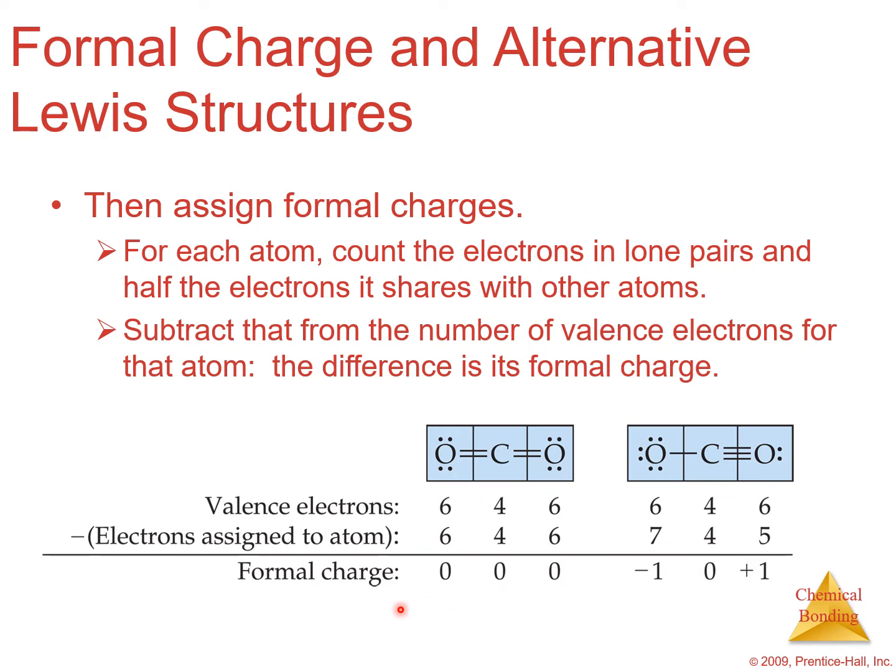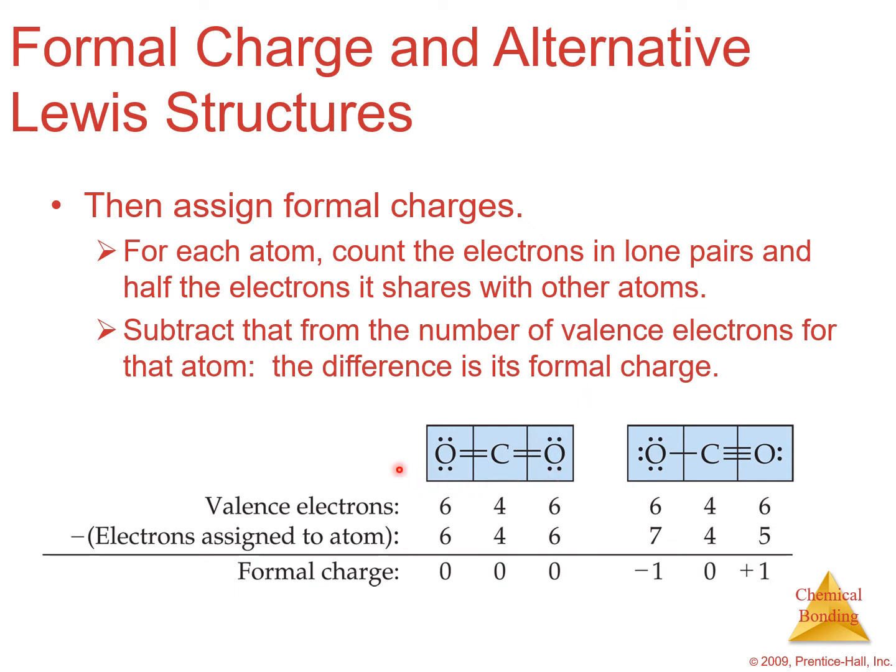The formal charge of any atom in a molecule is the charge the atom would have if all the atoms in the molecule had the same electronegativity. So to assign formal charges, for each atom, count the electrons in lone pairs and half the electrons it shares with other atoms.